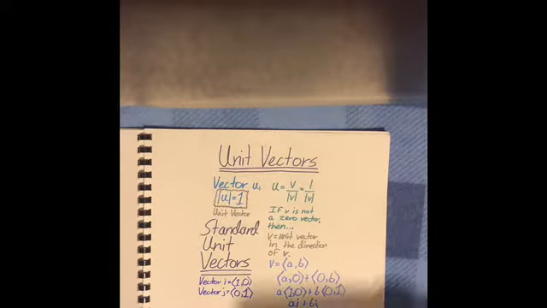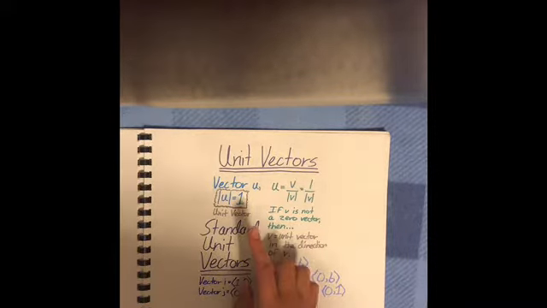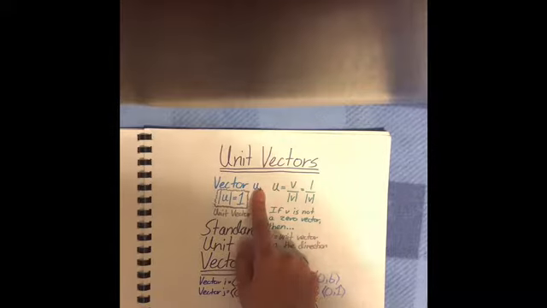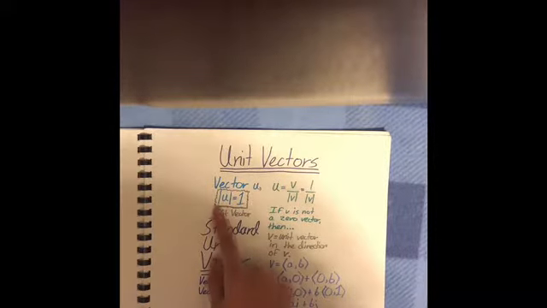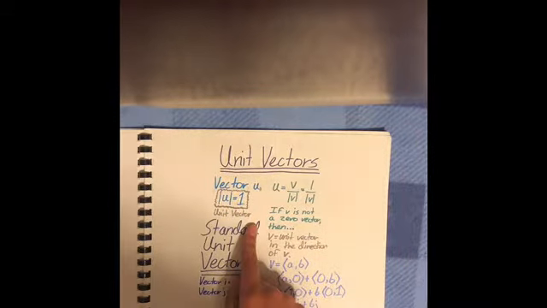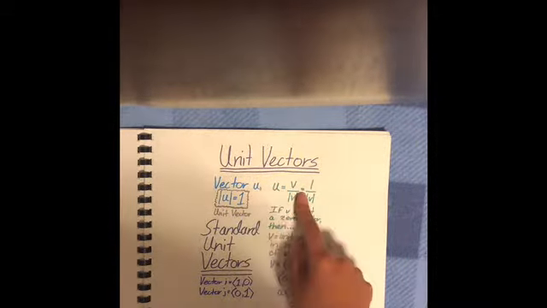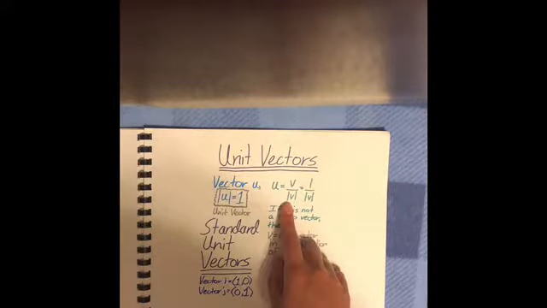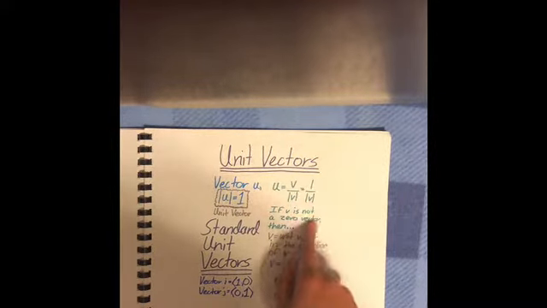Now we move on to unit vectors. A unit vector is when the absolute value of the vector equals 1. So like I said, if the absolute value of vector u equals 1, it's going to be the unit vector. And then u equals v over the absolute value of v, which is 1 over the absolute value of v times v.